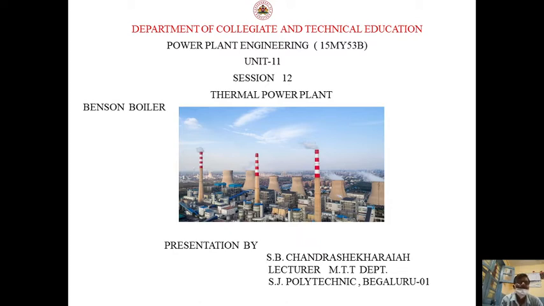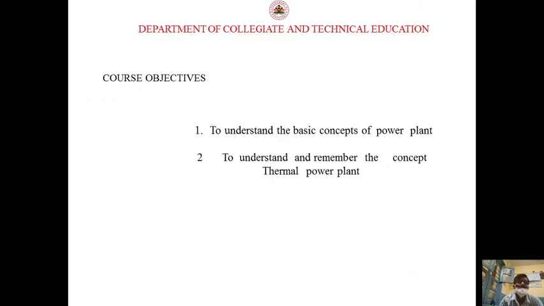In that subject, Benson boilers. The course objective is to understand the basic concept of power plant, and to understand and remember the concept of thermal power plant.